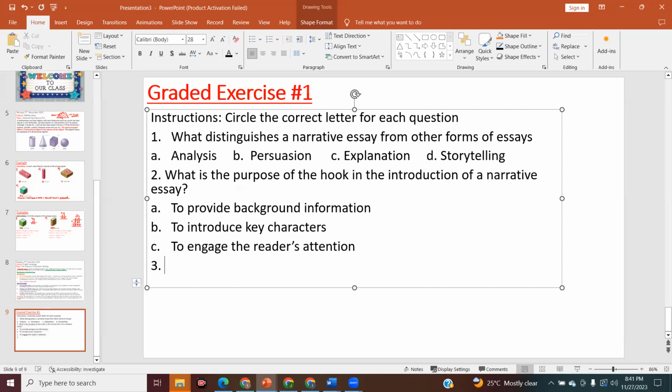Number three, what does the term chronological order mean in the context of a narrative essay?